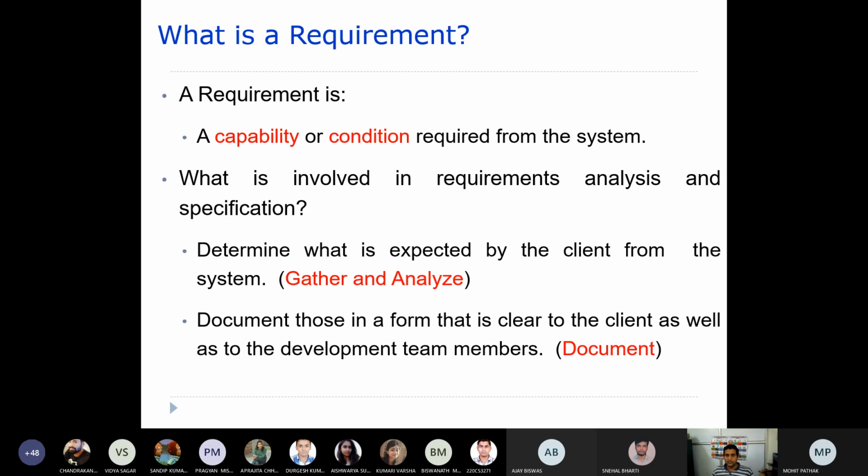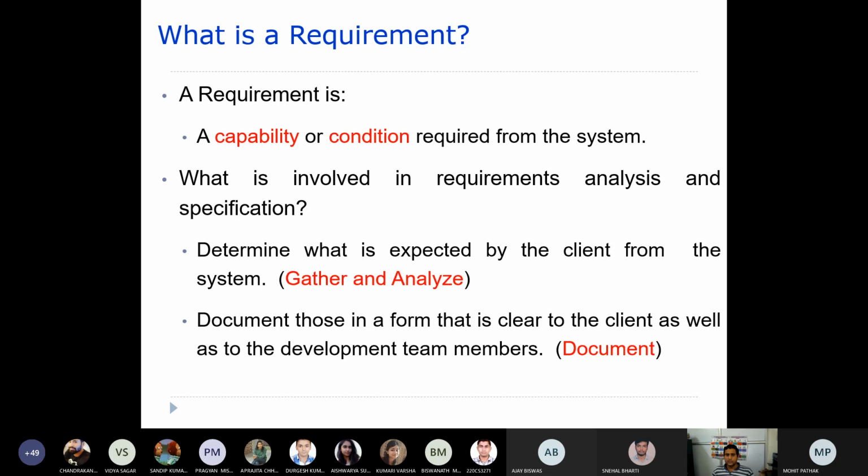We actually have to gather and then analyze so as to finalize what the expectations of a client from the system are. And once these requirements are gathered and analyzed, and they are very clear to the client, those requirements will be specified in a document, and this document will be used by the development team members because they are the ones who are going to develop the software, right?